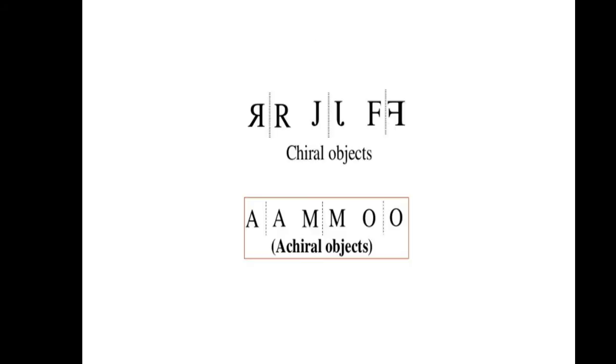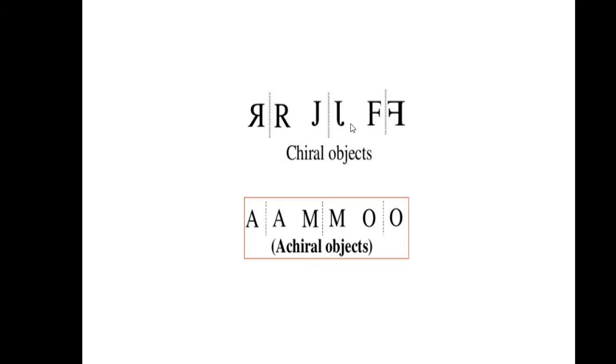From some alphabets, R, J, F and their mirror images are here. In this case, these alphabets and their corresponding mirror images are non-superimposable on each other.